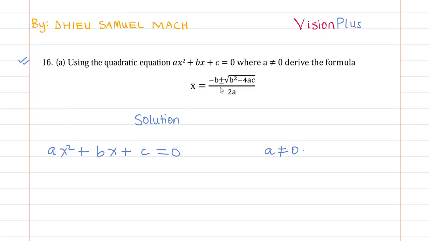For us to derive this formula, we need a very strong knowledge of completing squares, which is basically the creation of a perfect square number.